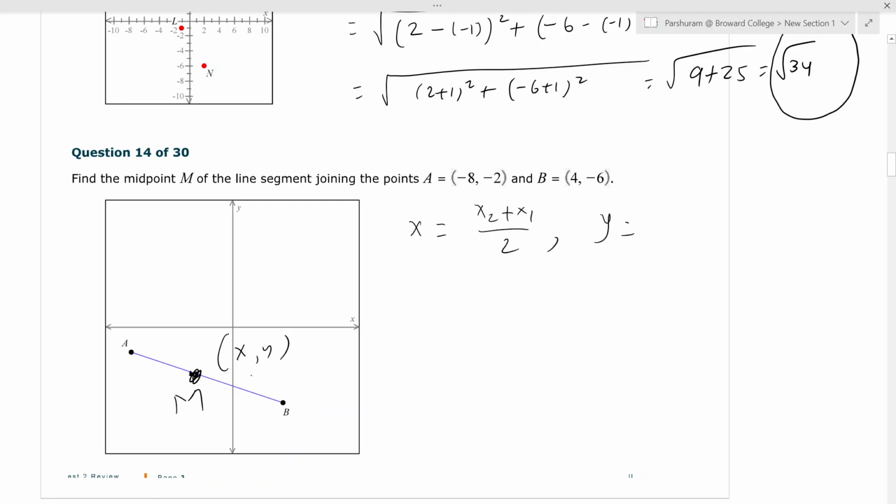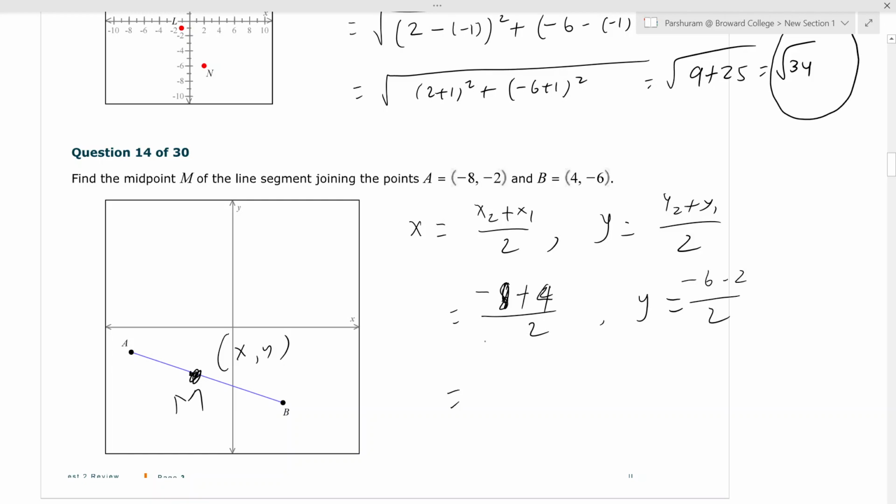The y coordinate of this midpoint can be found by finding the average of the y coordinates of these 2 points. If we plug in the values of these coordinates, for the x, it's -8 and +4. For the y, it's -6 and -2.